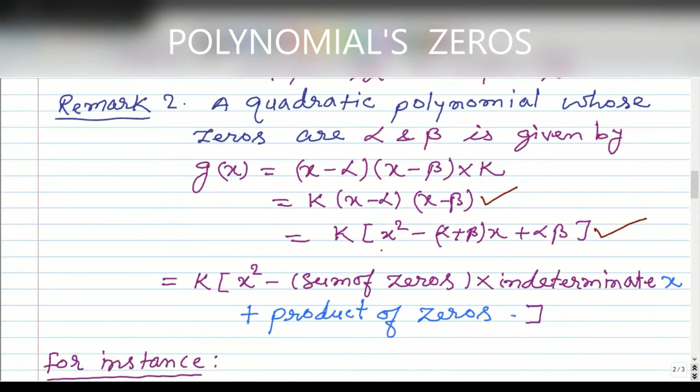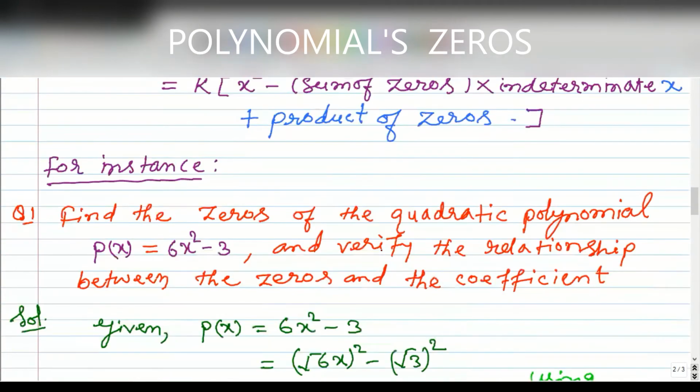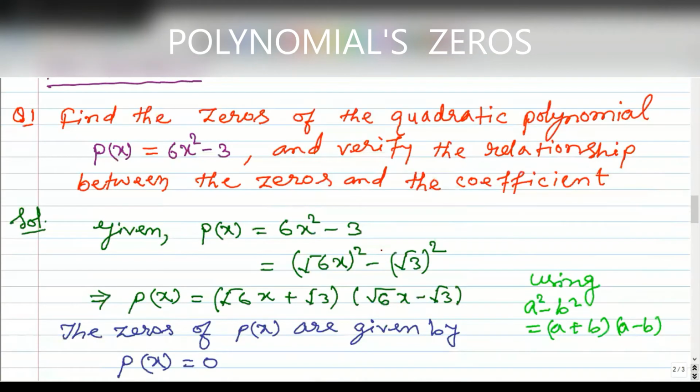For instance, we can take an example. Find the zeros of the quadratic polynomial p(x) equal to 6x squared minus 3, and verify the relationship between the zeros and the coefficients. In the solution, given p(x), we convert it into (root 6 x) whole squared, because root 6 into root 6 is 6, and 3 can also be converted similarly.